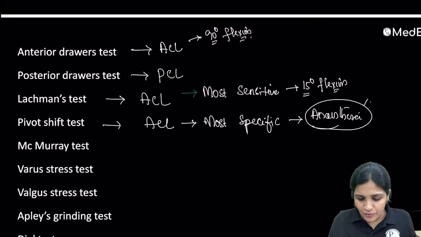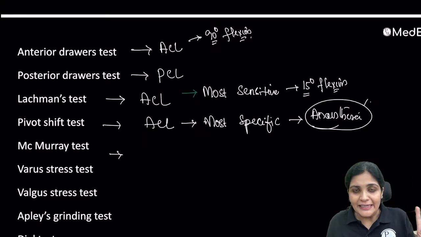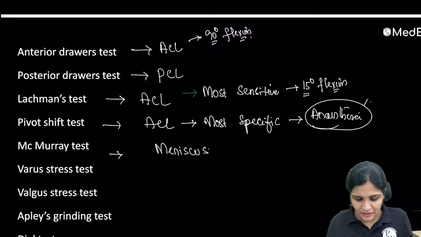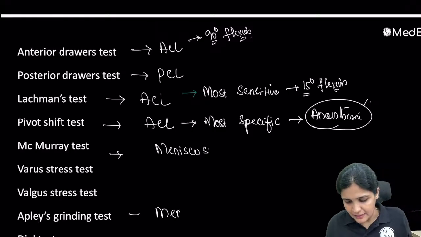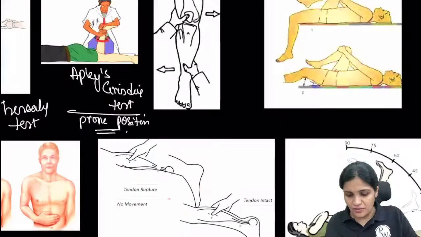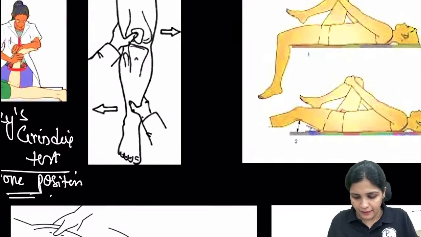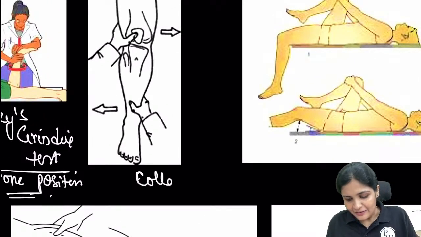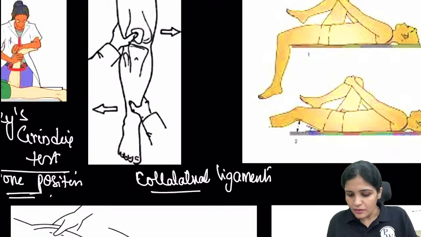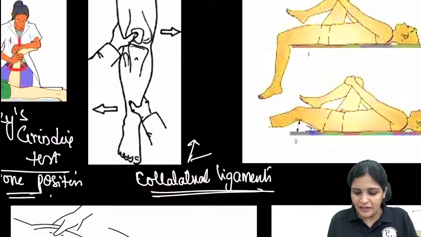Okay. Then McMurray's, what did I tell? McMurray's, Thessaly, and Apley's grinding are for your meniscus. Very good. Right? And then we have your varus stress test and valgus stress test. This is for your collateral ligament. There are 2 types of collaterals, right?